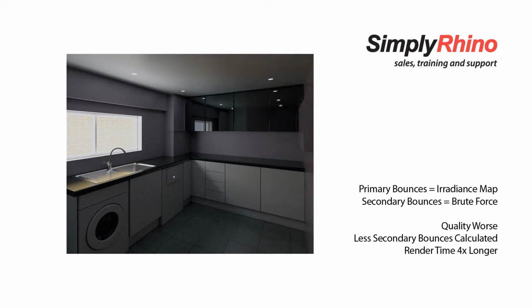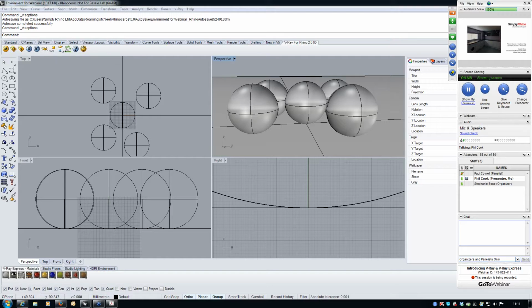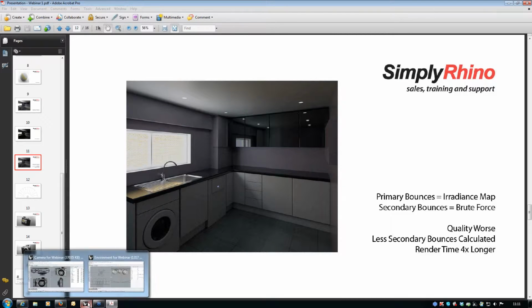Unfortunately, because you can choose from 4 different calculations for primary bounces and 3 possible different calculation types for secondary bounces, the perception is that V-Ray can be somewhat complicated.